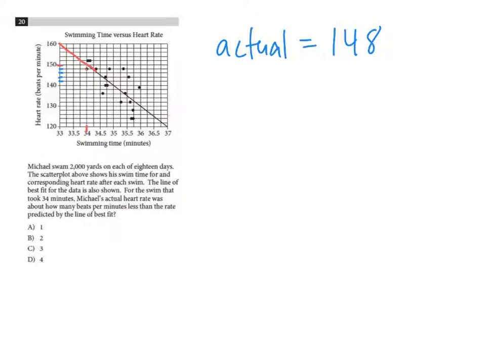So right at 150 for the predicted. Okay, and how much more or how much less than the predicted is the actual? Well, that'd be 2. That would be 2.